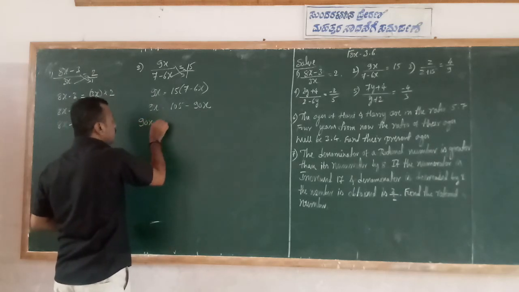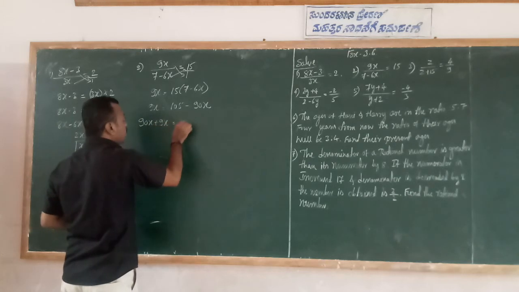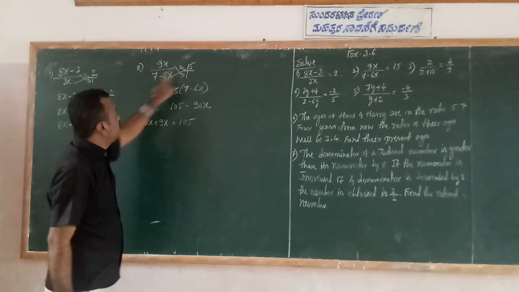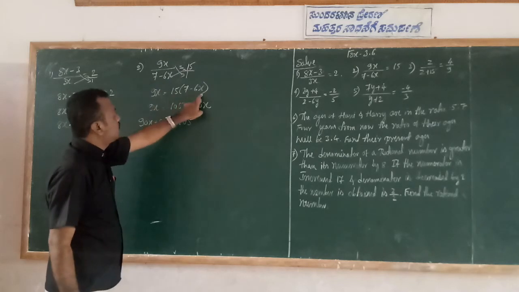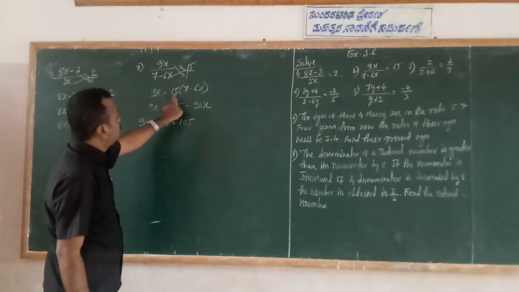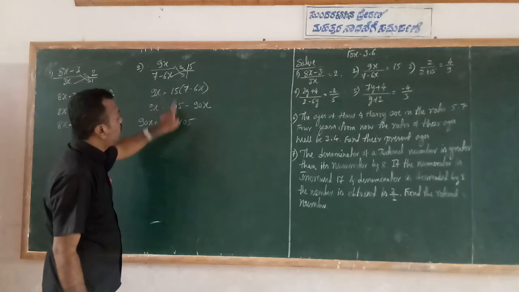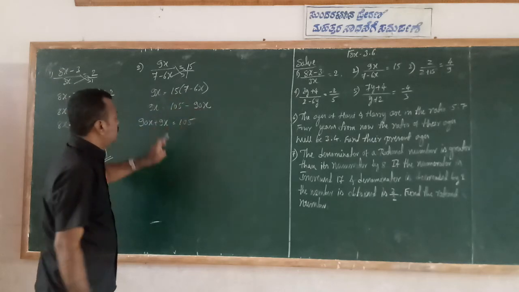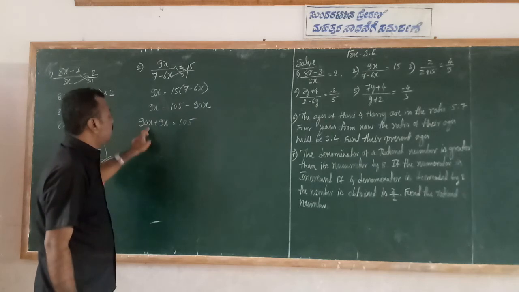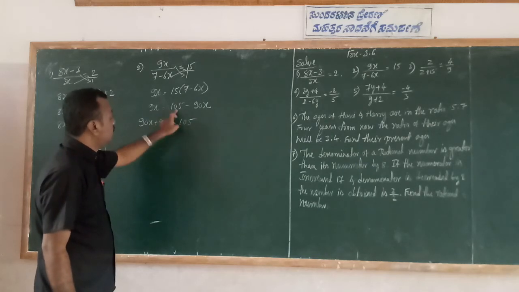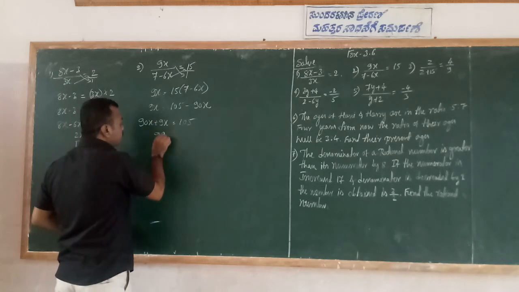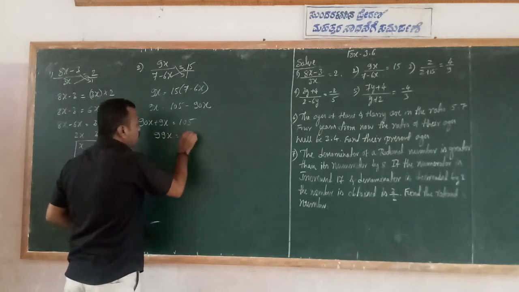So 90x + 9x is 99x, and it is equal to 105.